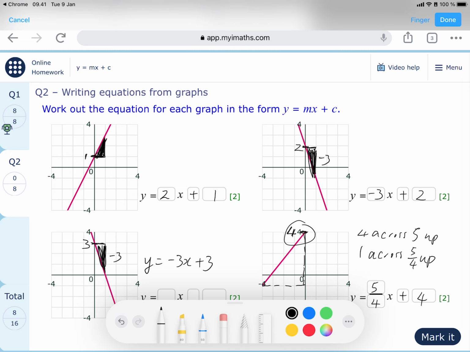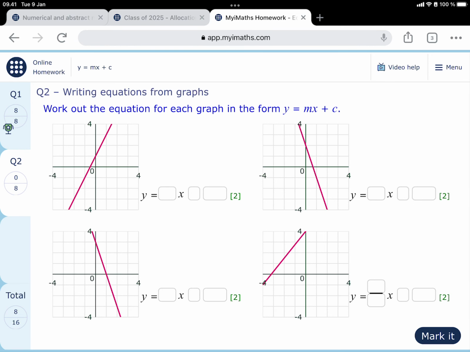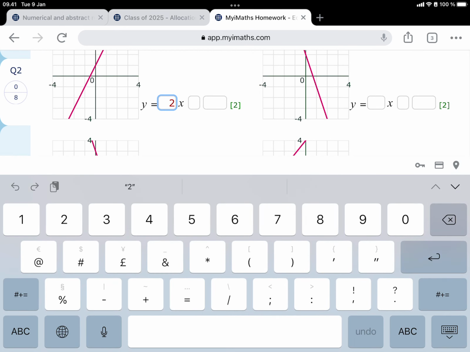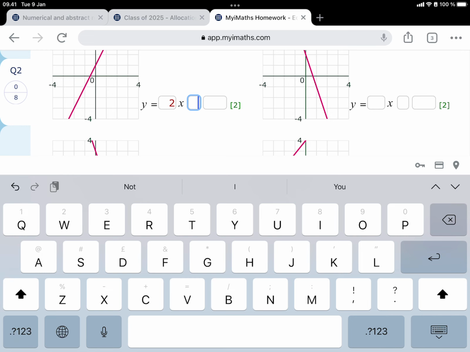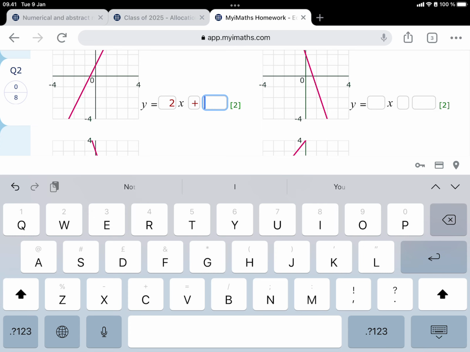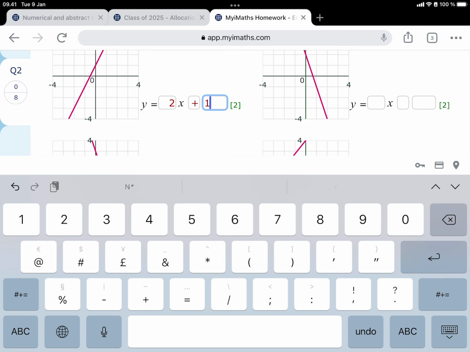So we'll just transfer that into MyiMaths. So the first one, gradient of 2, so I'll fill in 2. And then it was cutting at 1, so plus 1.